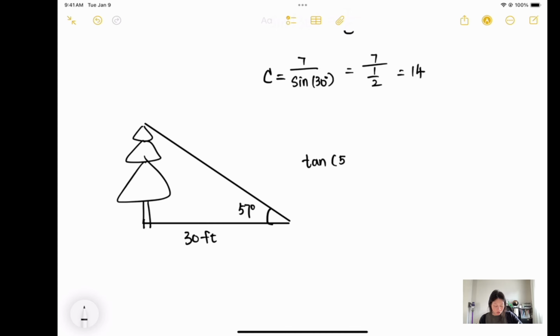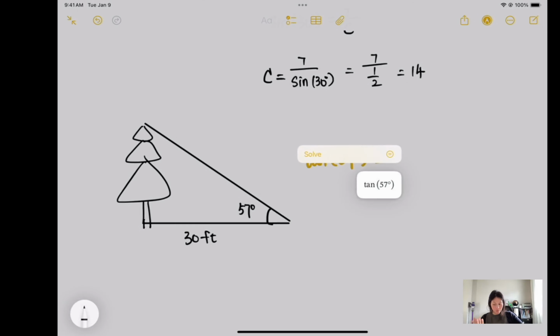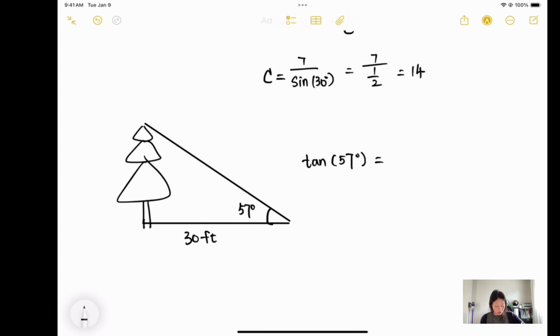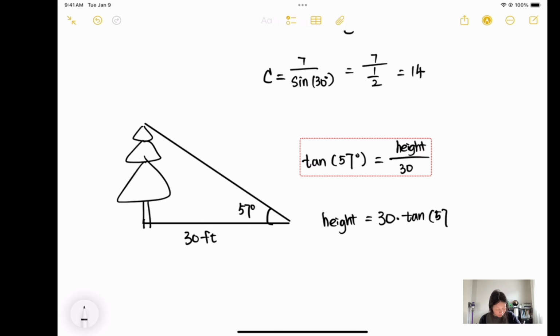We have tangent 15.7 degrees is equal to the tree's height, the opposite side, over 13 feet. So the height is equal to 13 feet times tangent 15.7 degrees.